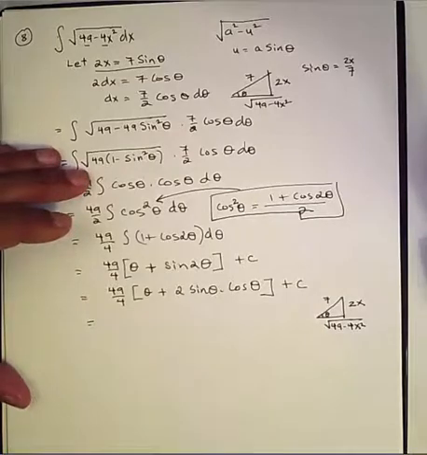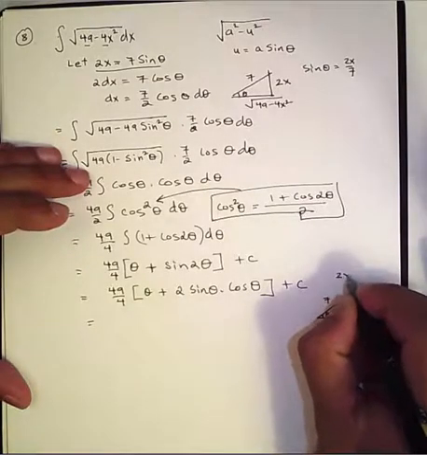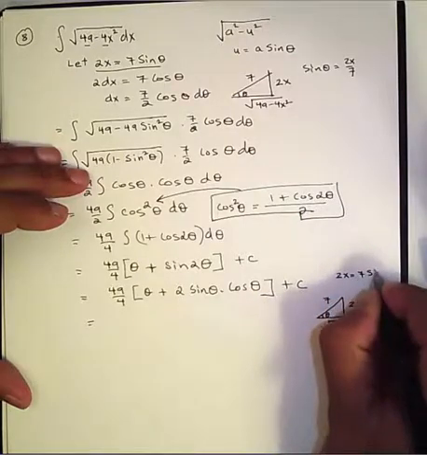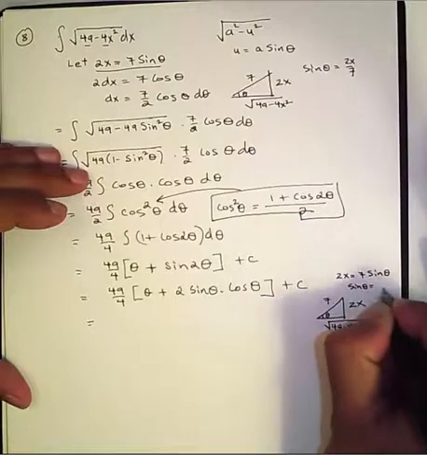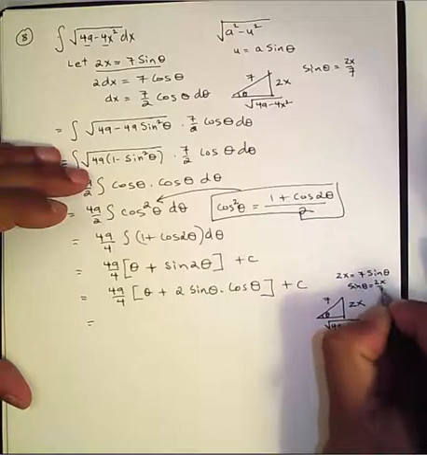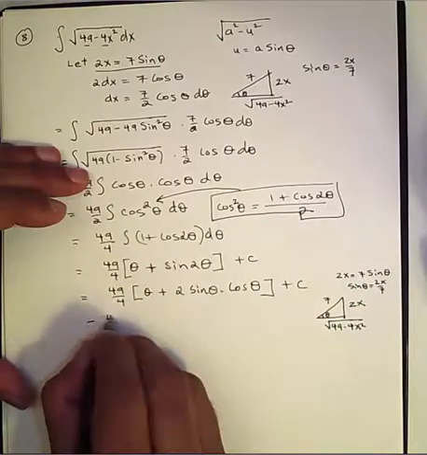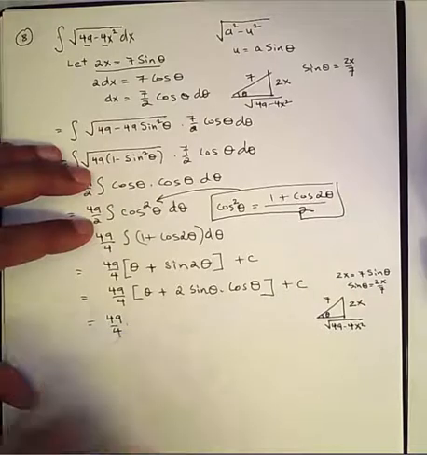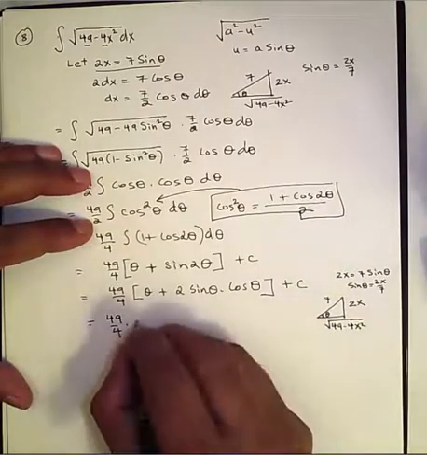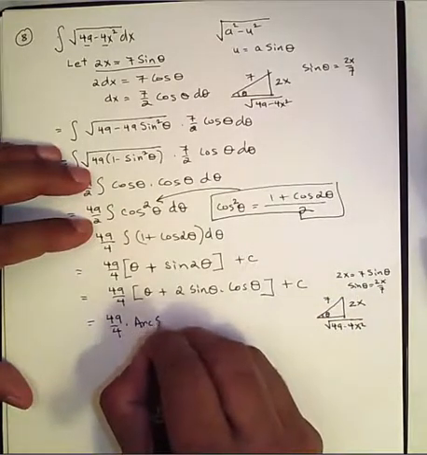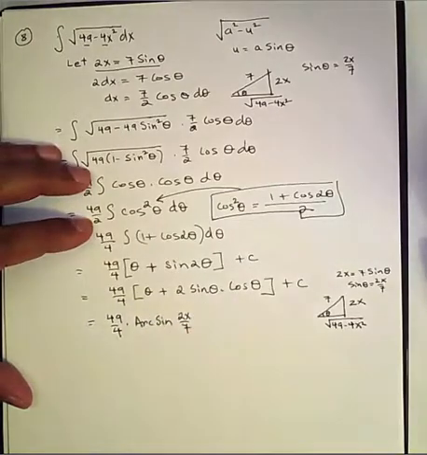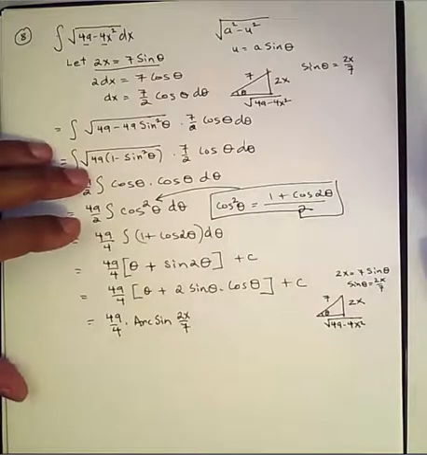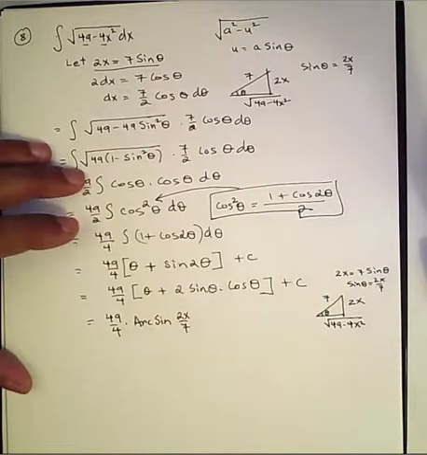If you remember, we assumed 2x was 7 times sine theta, so if I solve for sine theta, it's 2x over 7. So first part, theta will be arcsine of 2x over 7.